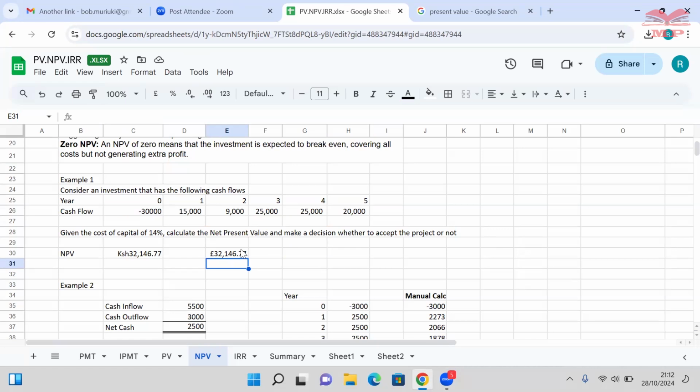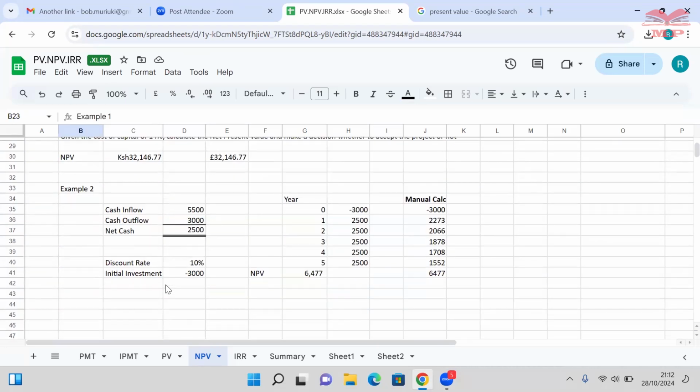Okay. There are scenarios where you will also be asked to calculate the present values first. That means you will need to use the present value formula first. Then you will sum those present values. It should give you this same answer. Right, so that's example 1.